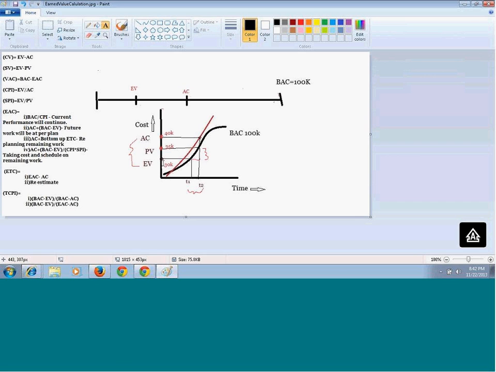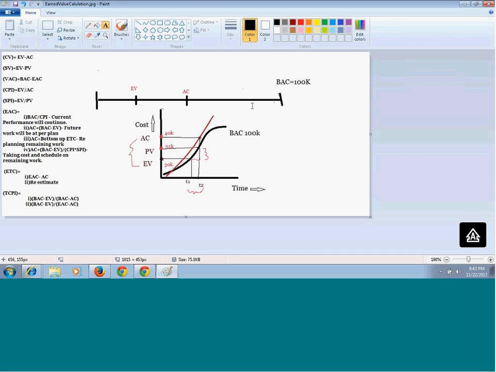Even though your earned value, let's say, was 30K, you actually worked on this amount of work, but you actually spent 40K. And your current time is T2, so your cost will be 40K here. So earned value minus actual cost will give you the variance, that is, your project overspent than your plan.